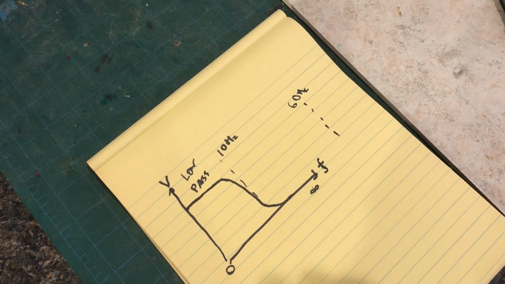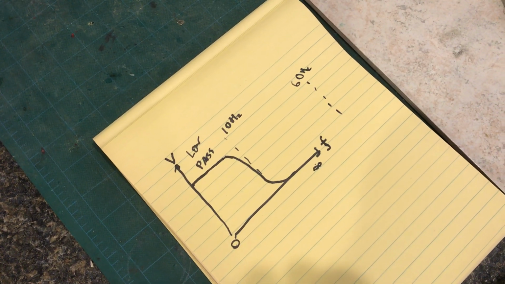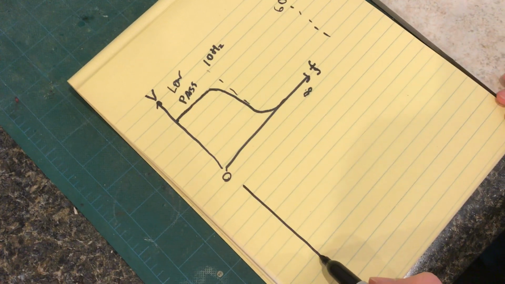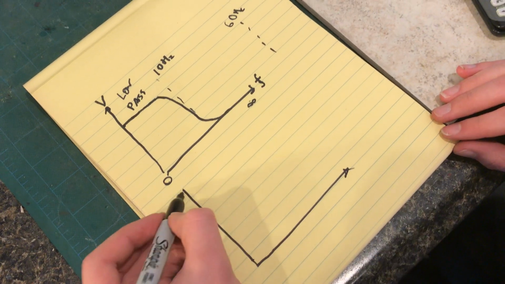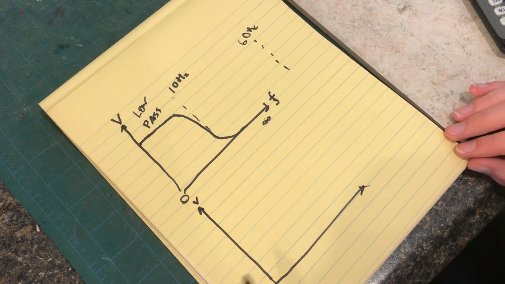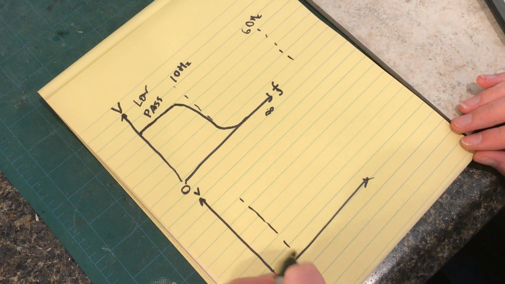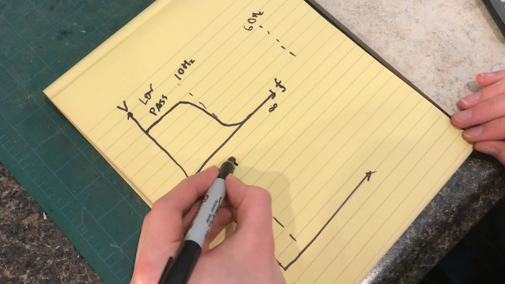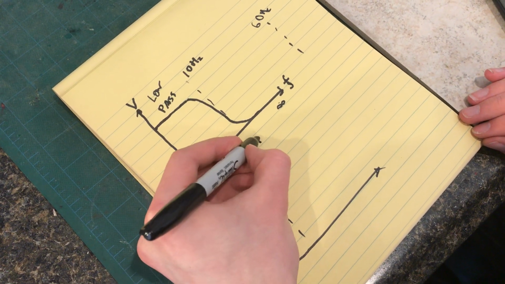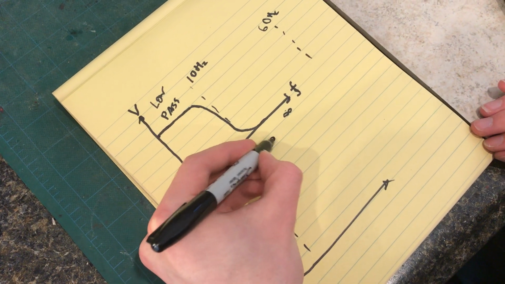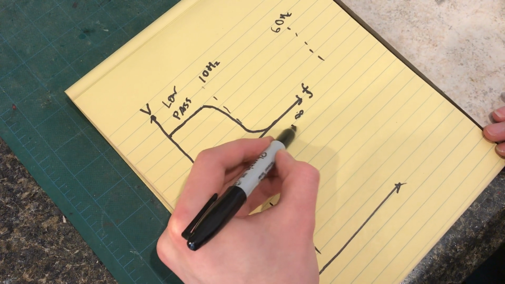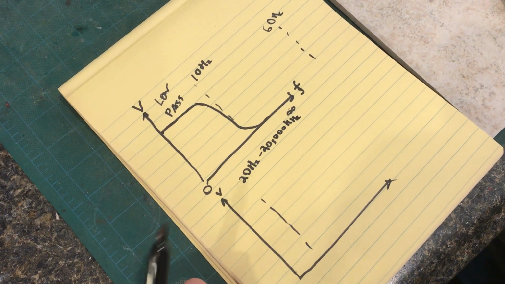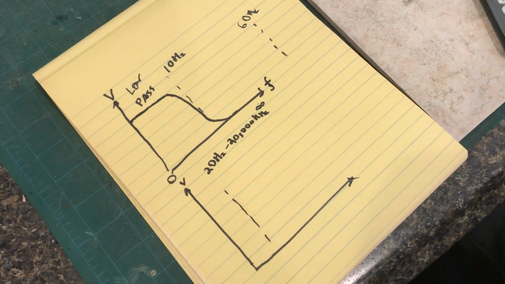On the other hand, if you're building an audio circuit, like an amplifier, we want to do the opposite, right? Audio frequency is, I don't know, between 20 hertz to 20,000. Most people can't hear to 20,000. I know I can't, but as a general rule of thumb, we say 20 to 20,000 hertz is the audio bandwidth.